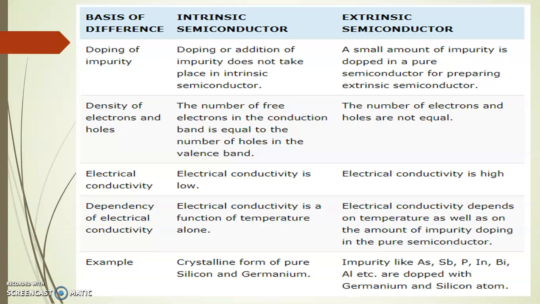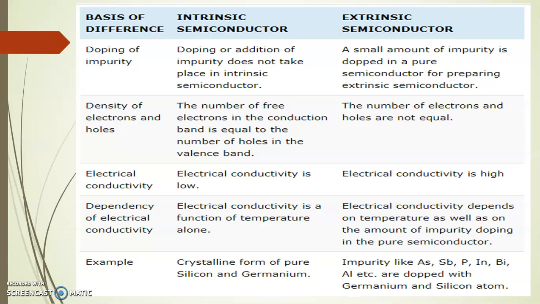In the intrinsic semiconductor, electrical conductivity is low. Extrinsic semiconductor electrical conductivity is high. Then dependency of electrical conductivity. In the intrinsic semiconductor, electrical conductivity is a function of temperature alone, and in the extrinsic semiconductor, it depends on the temperature as well as on the amount of impurity doping in the pure semiconductor.